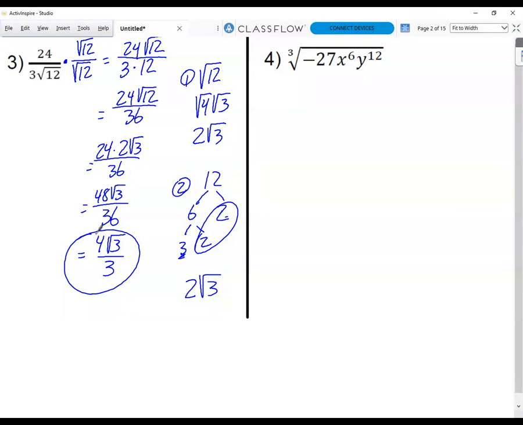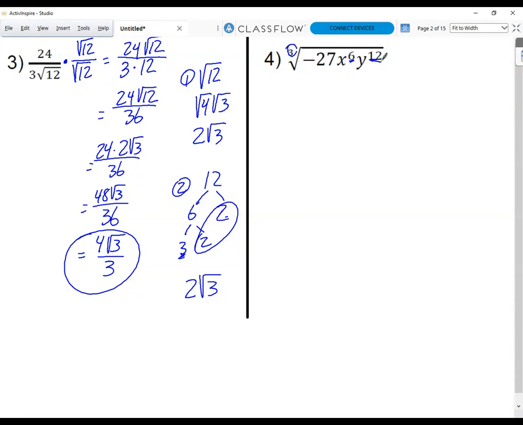Number 4, again, more power rule. We're taking the cubed root of negative 27, x to the 6, y to the 12th. Remember, a shortcut when you're dealing with variables is to take this index number and divide it into whatever your exponent is for the variable.